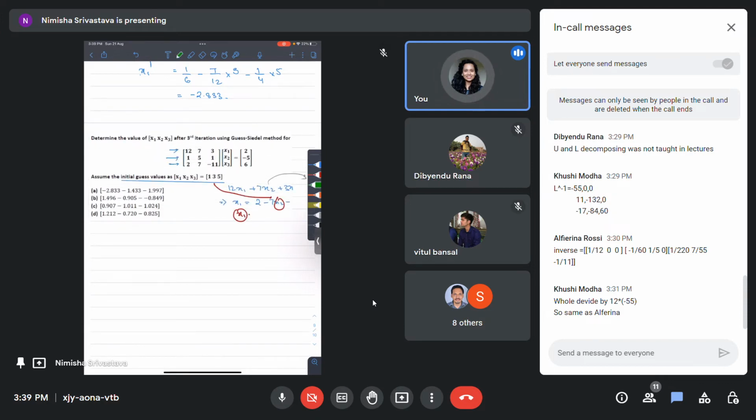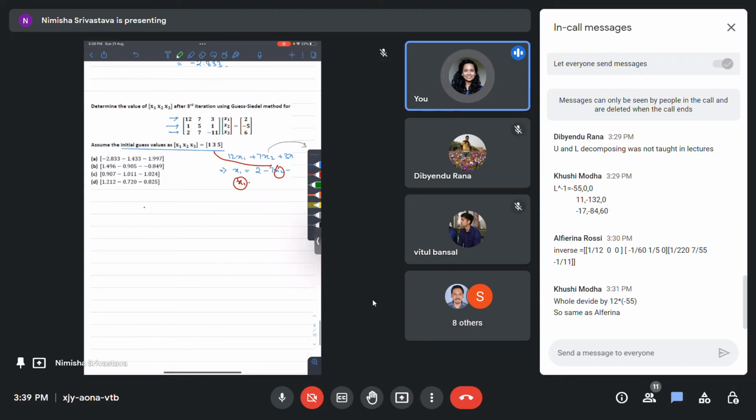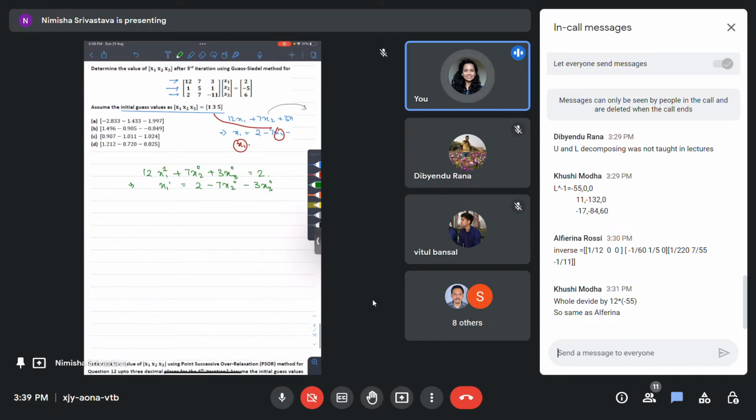Essentially, we are going to get some equations which look like 12x1 plus 7x2 plus 3x3 equals 2. The subscript refers to the location, and the superscript at the top is the iteration number. So this is going to be iteration 1. Then you'll get a revised value for x1.